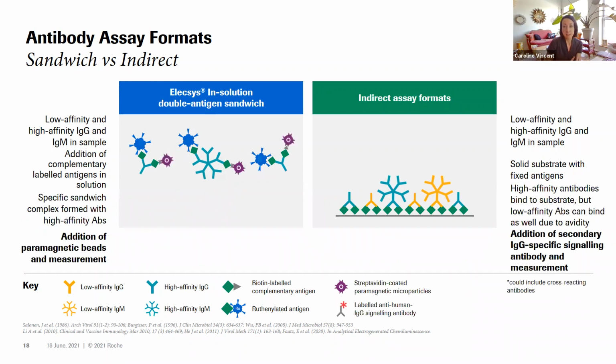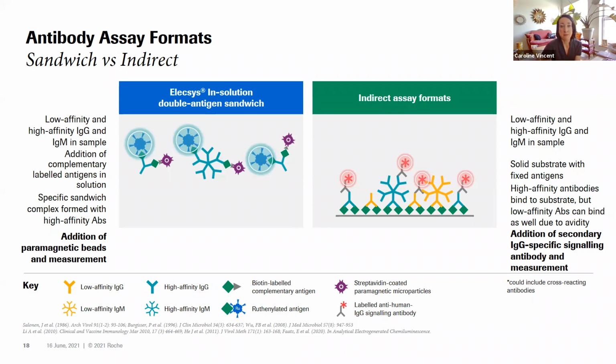The second key difference between the two assay formats is in the way that the signal is generated. In the case of the double antigen sandwich assay, we have antigens labeled with ruthenium, and therefore the signal is directly generated via these bound antigens.